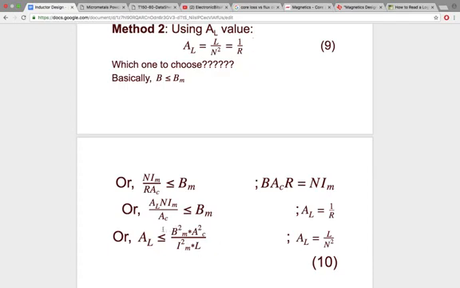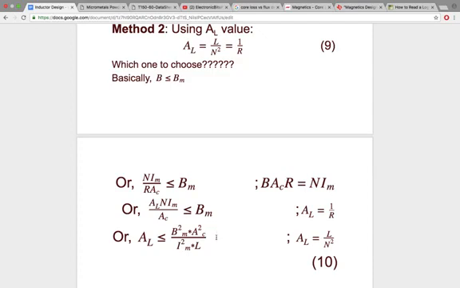Hence, if this inequality is followed, then we need not introduce the air gap, because the reluctance of the core is sufficient without an air gap. But if this is not followed, then we have to introduce the air gap.